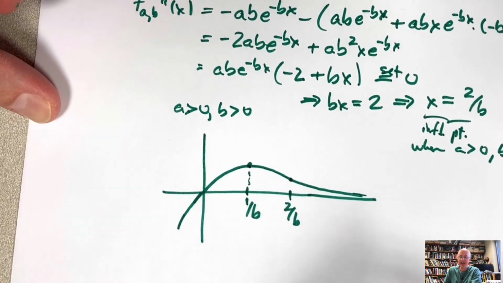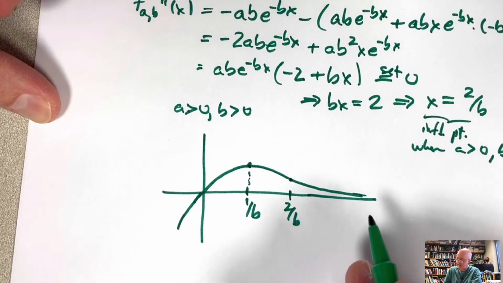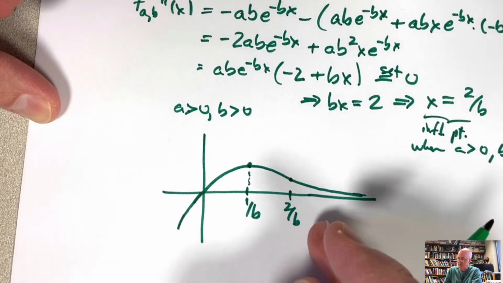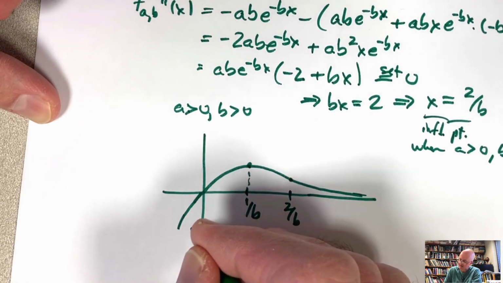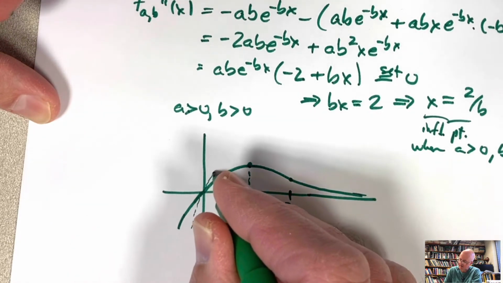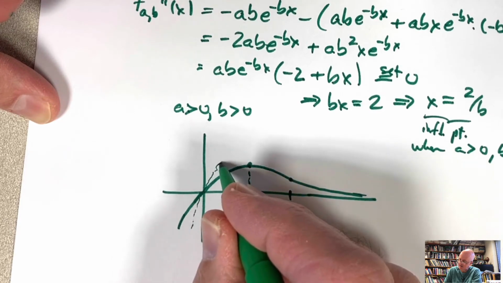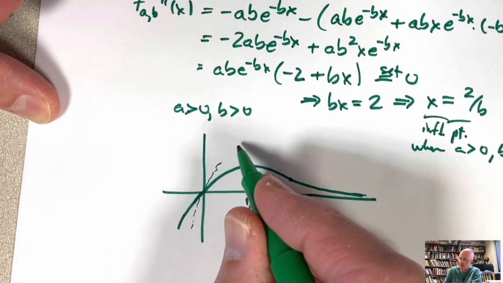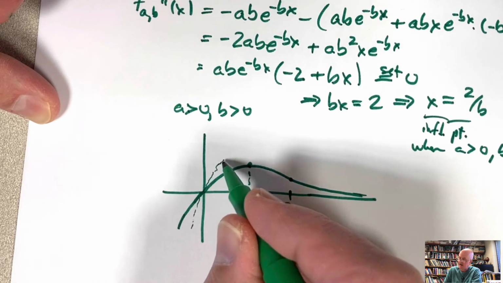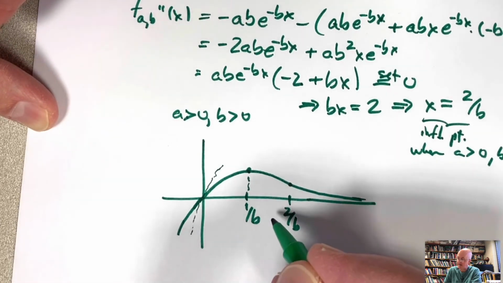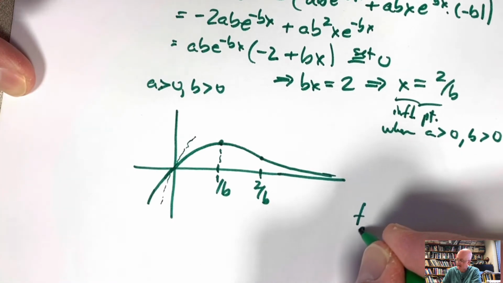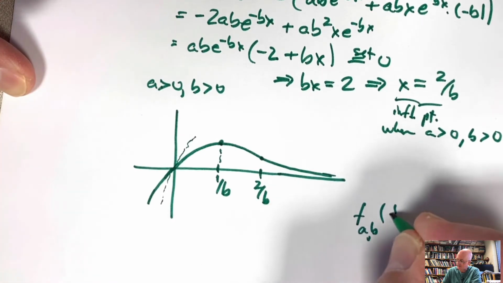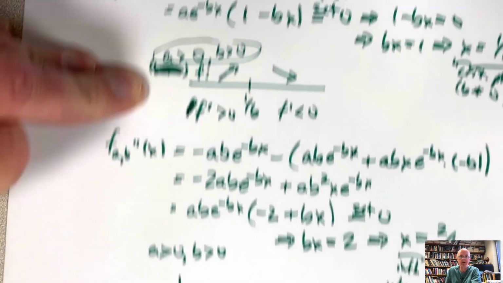As b increases, if a is constant, these points are going to head toward the origin. I guess the graph gets more scrunched up for a constant value of a as b increases. It's hard to say whether the graph goes higher or lower. I guess we could plug 1 over b into the function and see what happens. F sub a comma b of 1 over b, going back to the original formula.